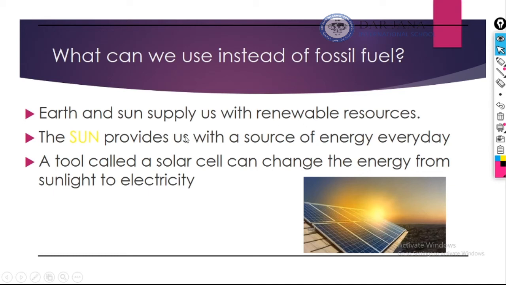The sun provides us with a source of energy every day. Also, we can use a tool called the solar cell, which can change the energy from the sun into electricity. As in the picture here, we have the solar cell. It takes the energy from the sun and it can change it into electricity.